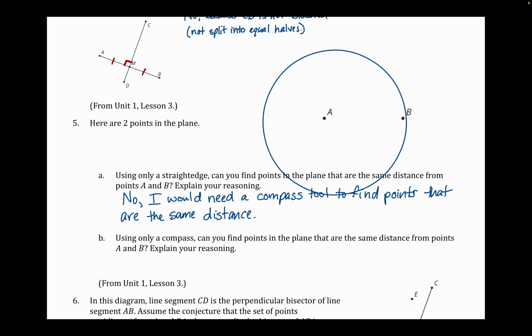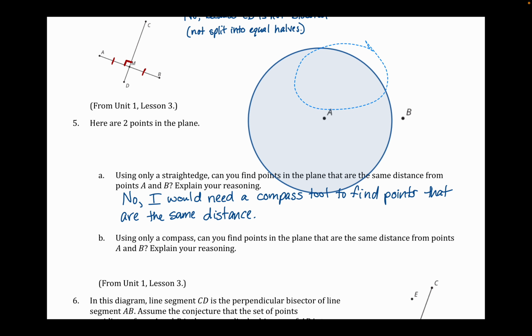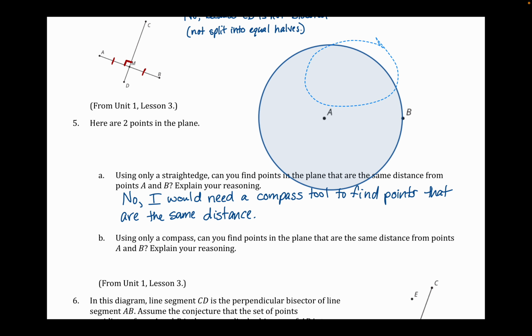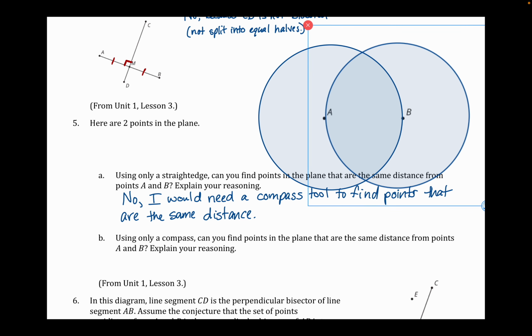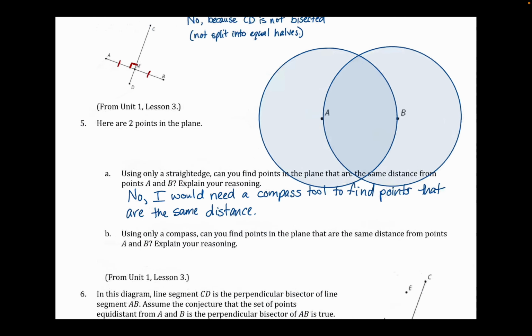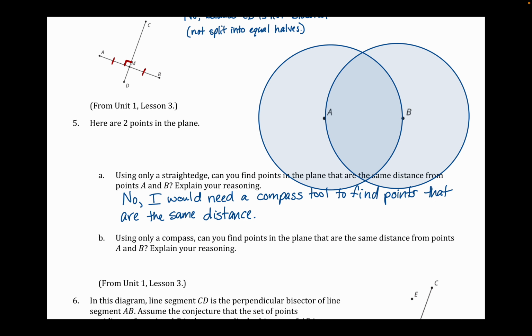It's kind of going to make it a circle for me, but I'm going to have to move this a little bit. But what I would be able to do is take this circle, and if I made an exact copy of it, so let's do that actually, I'm going to copy it. And I can paste another circle here, and if I dropped this circle centered at B, I would be able to find 2 points that are the same distance away from A and B without using a straight edge at all.